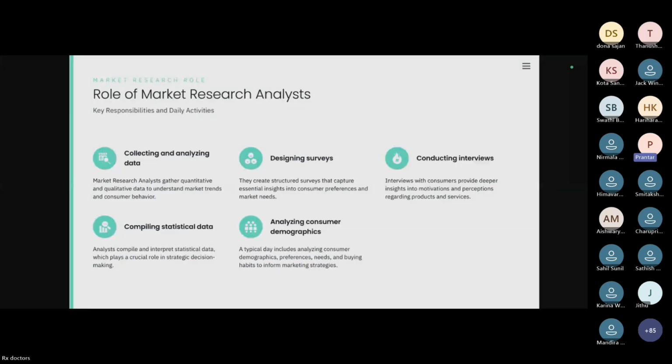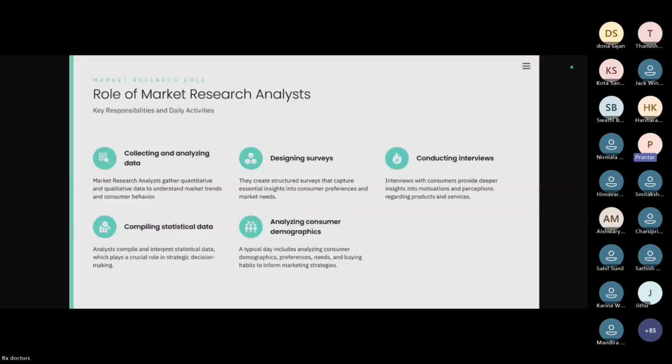Right. So, key responsibilities of a market research analyst. It includes collecting data and analyzing data, which I just mentioned. It also involves designing surveys. So you might not know what a survey is. So a survey, when someone wants to gather data, they program a survey which consists of all questions.